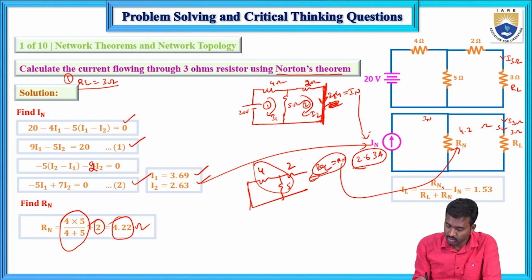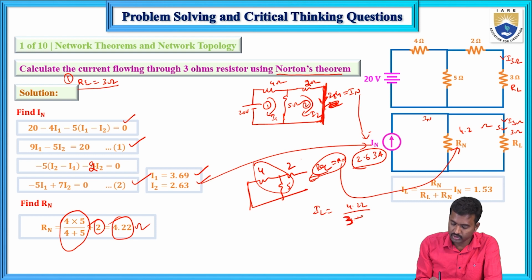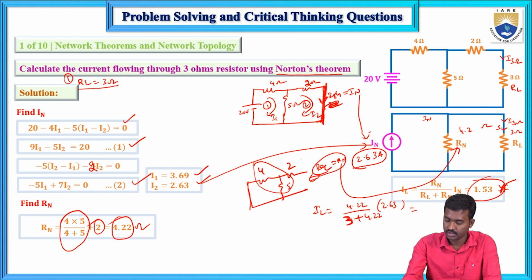Now here IL equals RN, which is 4.22, divided by RL plus RN. What is the RL value? RL equals 3, plus 4.22, and IN is 2.63 amperes. If you calculate this, the value equals 1.53 amperes.